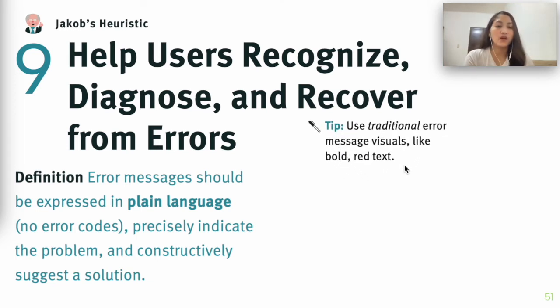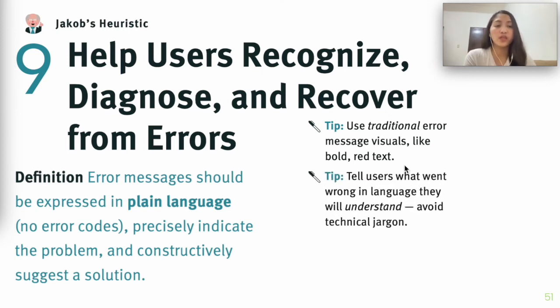So the tips are: use traditional error message visuals like bold, red text, but these are some conventions that you can tweak according to the design standards or design conventions that you are applying in your design. Pwedeng hindi naka-red text, pero yung design ng error message ay alam mo lang na the user has created a mistake by accident or not.